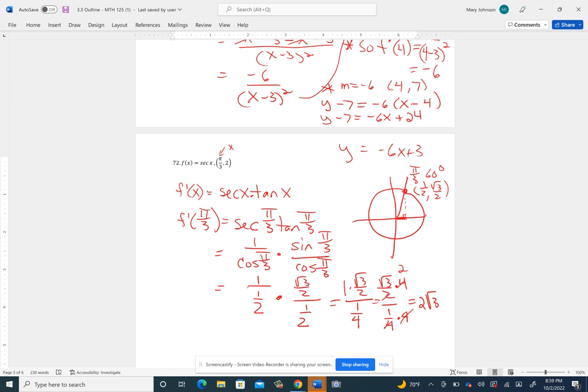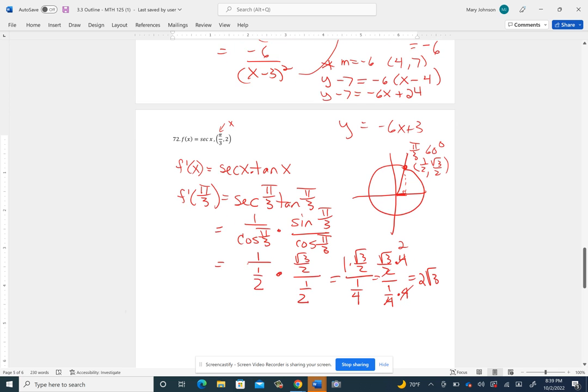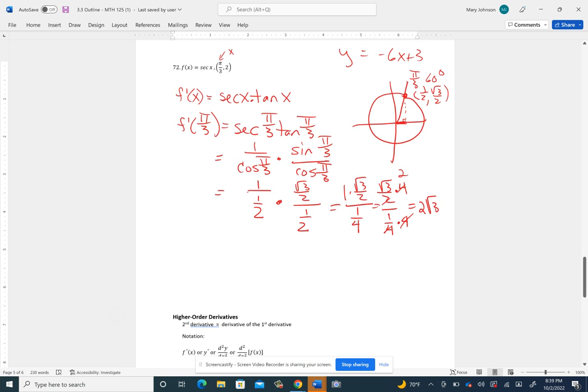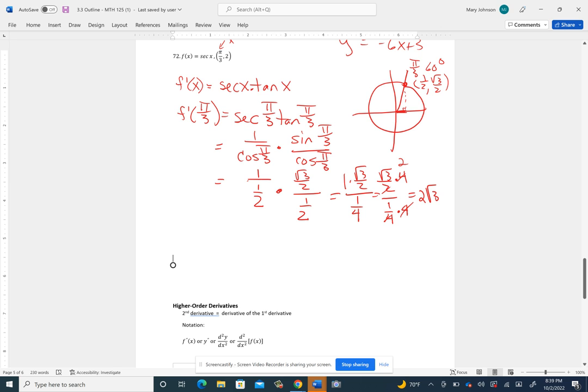Now, you really should focus on things being done exactly, not doing decimal approximations. All right, let me get some more paper. So now I know that right at this point I've got the value of the derivative of the function at pi over 3.